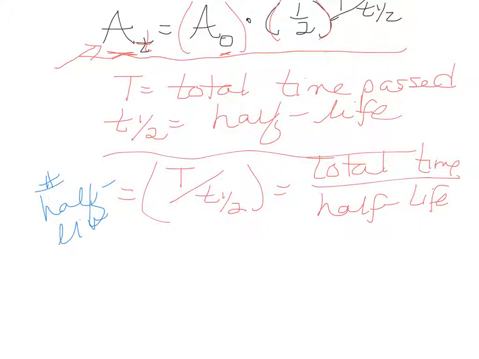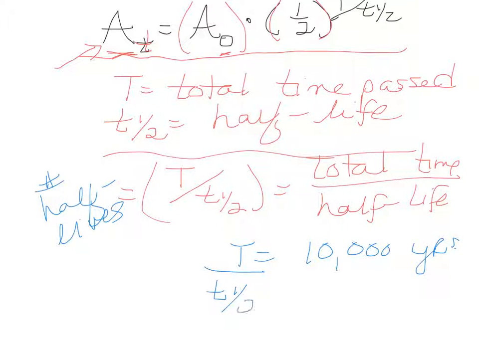The number of half-lives. So, for example, if you have a total time of 10,000 years and the half-life for a particular process was 2,000 years, how many half-lives have passed?